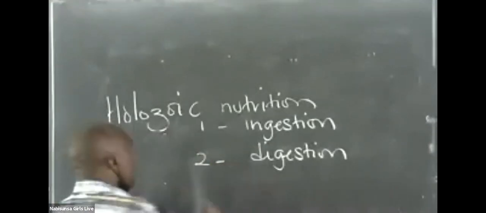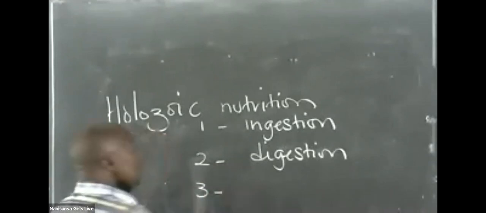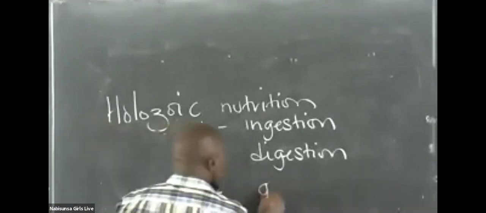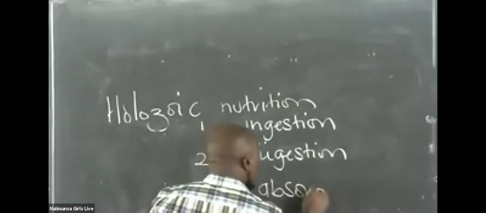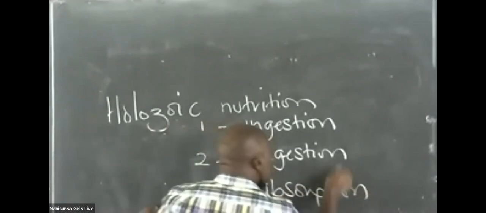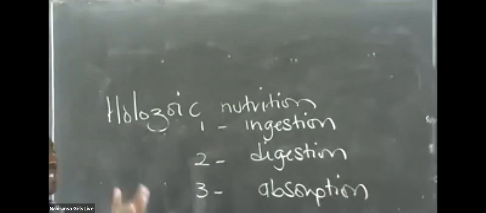Holozoic nutrition includes ingestion, digestion, and then third, absorption. Absorption means that whatever you have taken in and broken down within a specialized digestive system has to be absorbed by the cells. It has to be taken into the body.